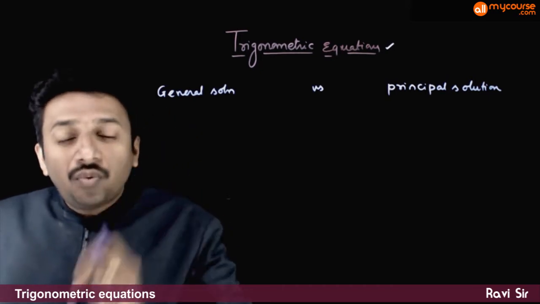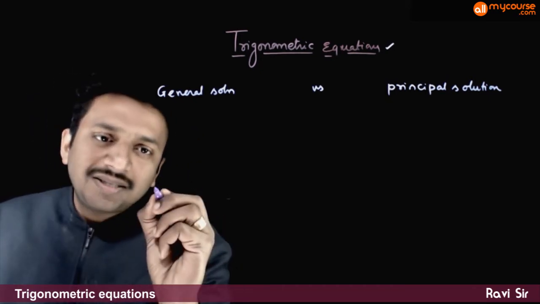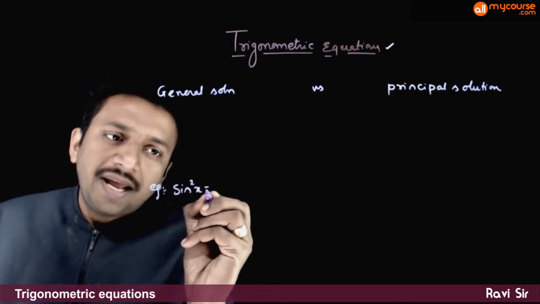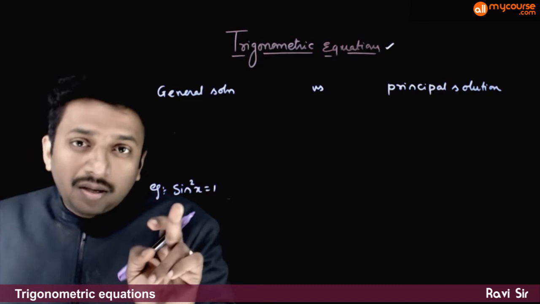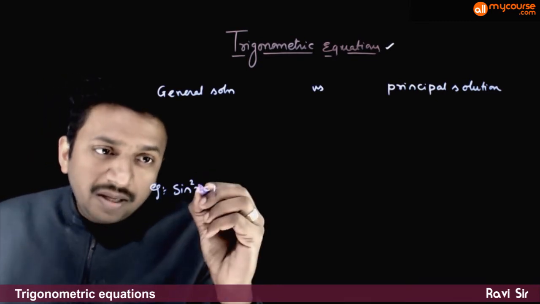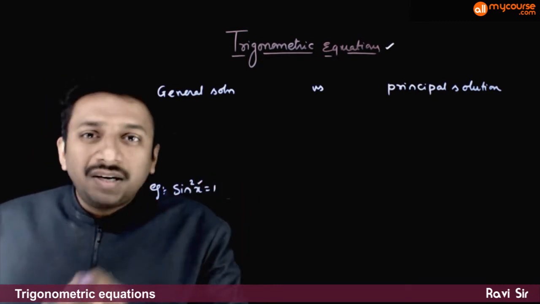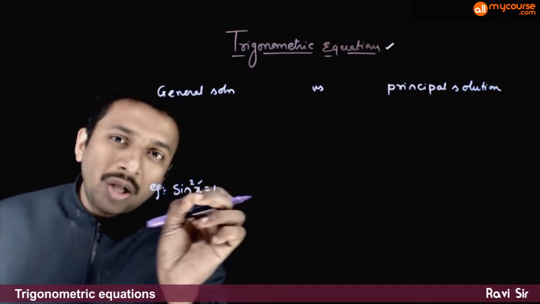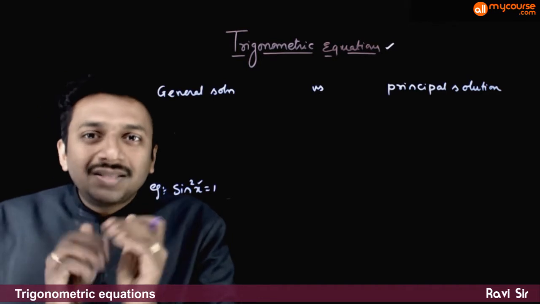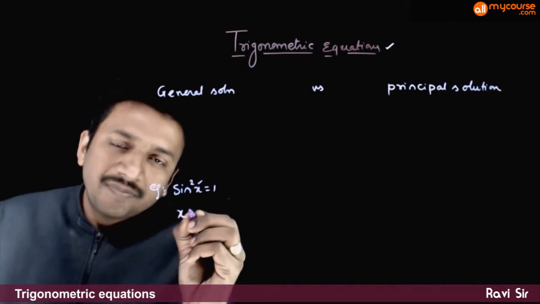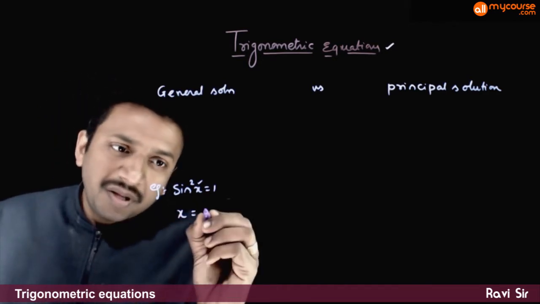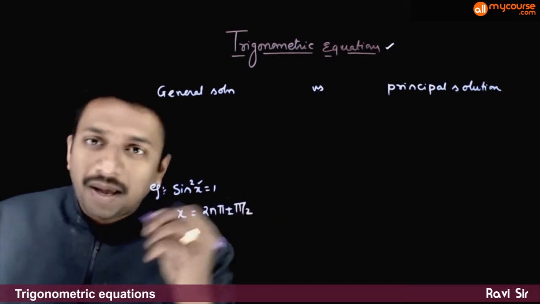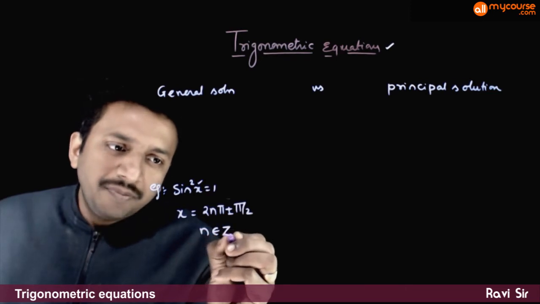So we have already seen what a general solution is. For example, if you have the equation sine square x is equal to 1, this equation will be satisfied for infinite values of x, and there is a way to express all those infinite values in a simple expression. So x is equal to 2n pi plus or minus pi by 2, where n belongs to z.